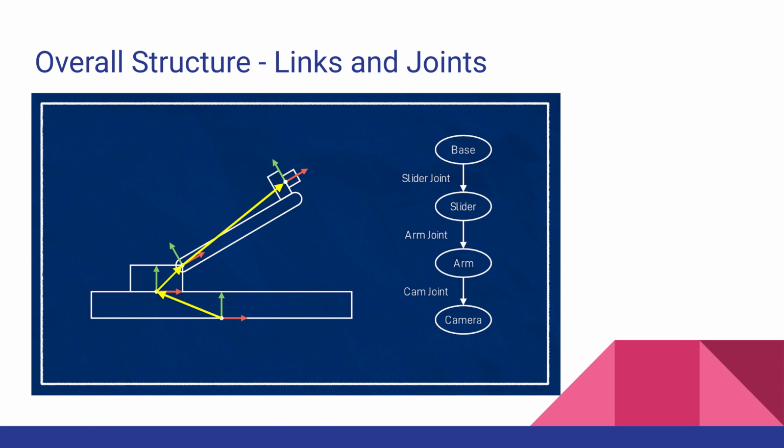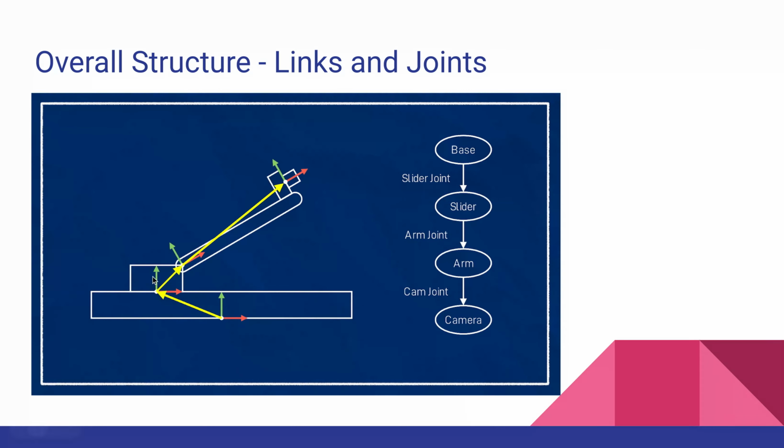The overall structure of a URDF consists of different links and joints. There are different links which are connected by different joints, right? Say I have a base here, and then I have a slider on top of this base, and an arm which is attached to this slider, and a camera on top of this robotic arm.